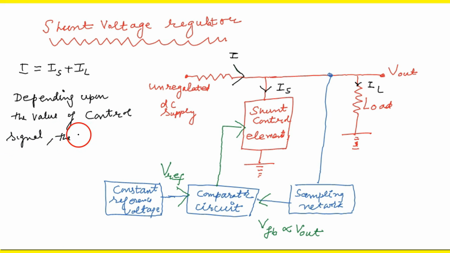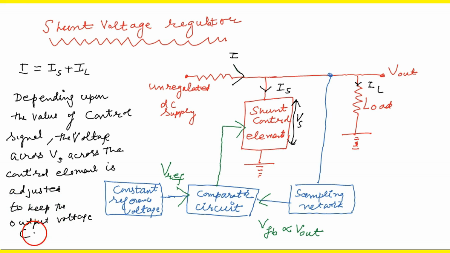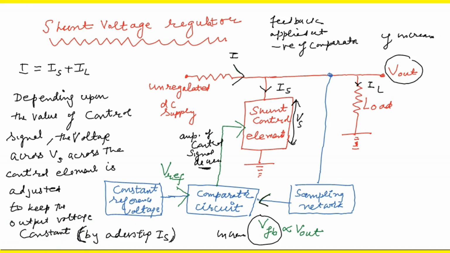Depending upon the value of the control signal, the voltage across the control element, which is Vs, is adjusted so as to keep the output voltage constant by adjusting IS. So this is how the shunt voltage regulator works.